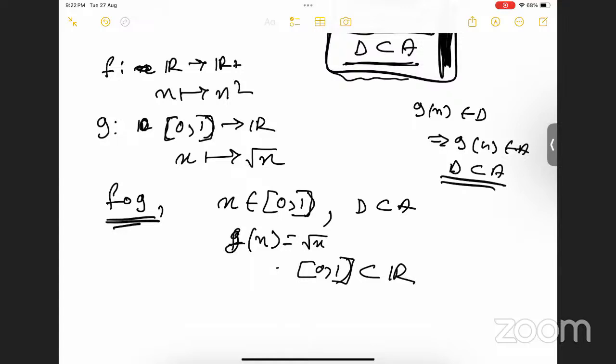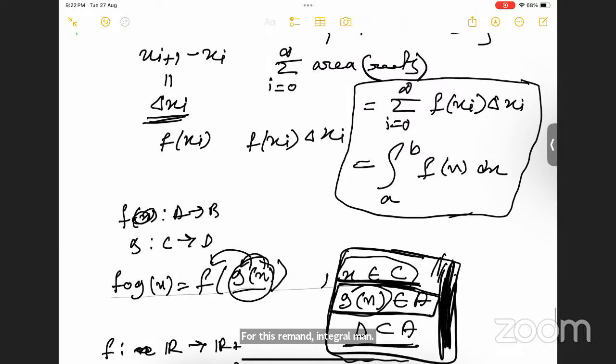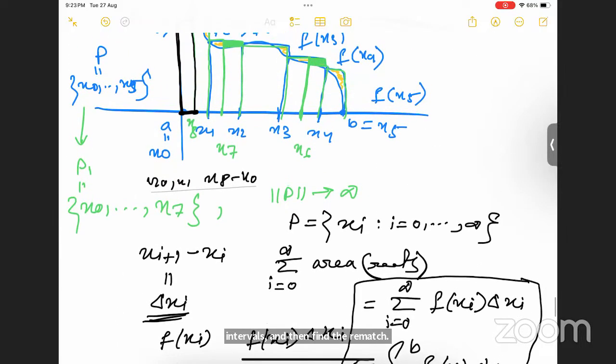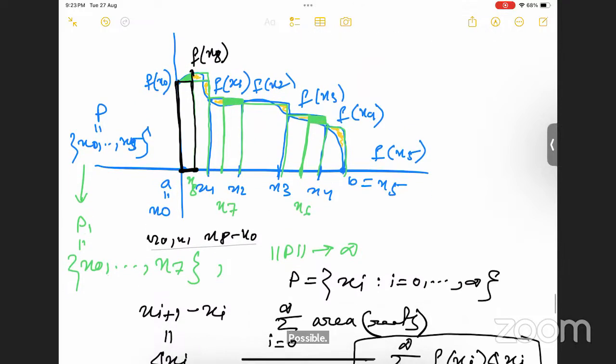Ma'am, just one question. For this Riemann integral, is it possible that we will get a question to divide into n subintervals and then find the Riemann sum? Yes, it's possible, because there may be such a question. You need to know about this concept.